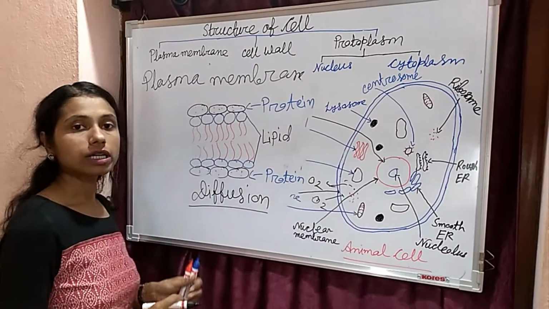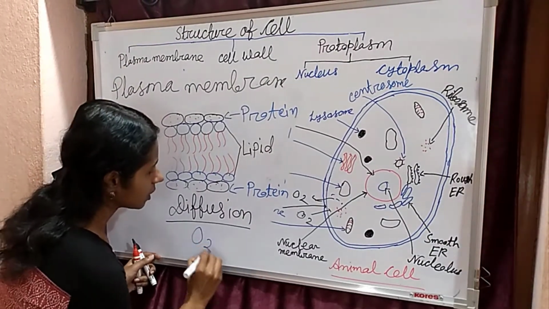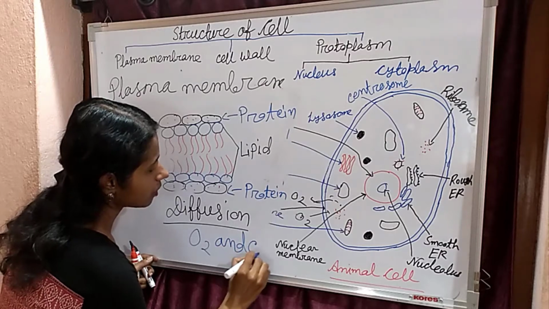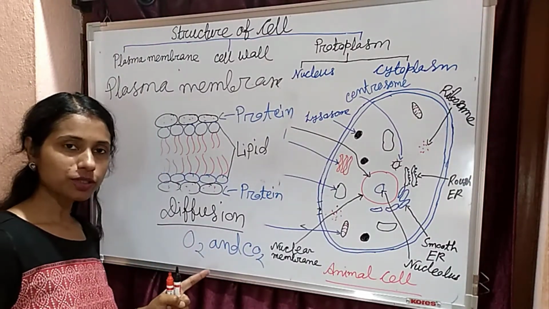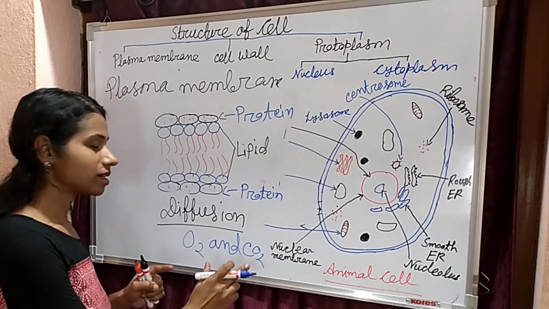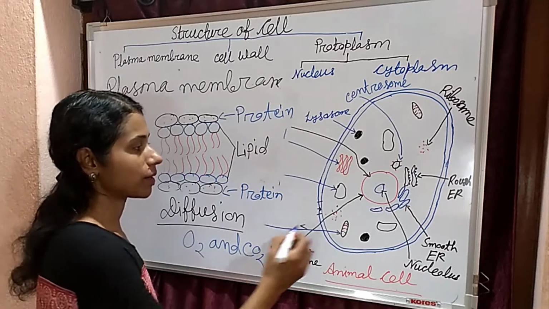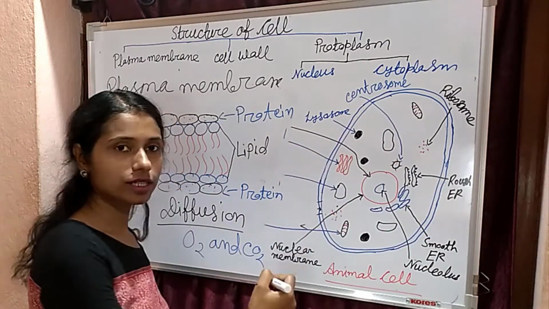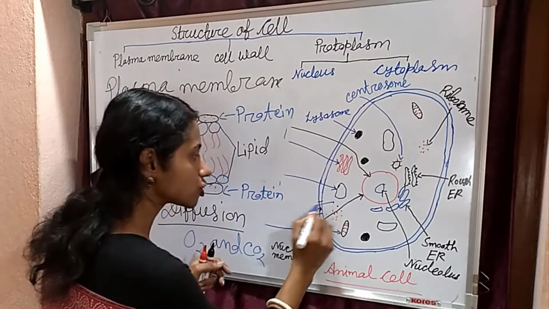Diffusion is for gaseous exchange, meaning exchange of oxygen and carbon dioxide. Diffusion is a process through which oxygen and carbon dioxide get inside the cell and can come out of the cell. Suppose the concentration of oxygen is more inside the cell, then it will come out of the cell.